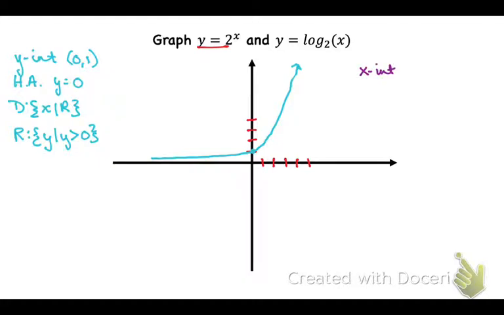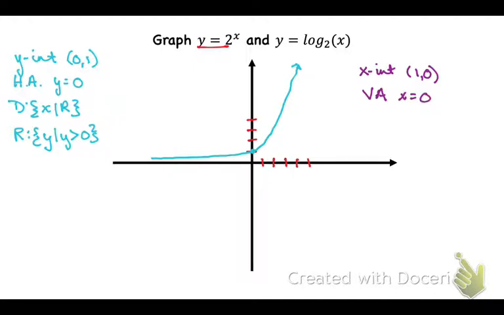Switch the places of 0, 1 to 1, 0, because everything that was x is now y, everything that was y is now x, right? So an exponential had a horizontal asymptote of y equals 0. Now we have a vertical asymptote at x equals 0.